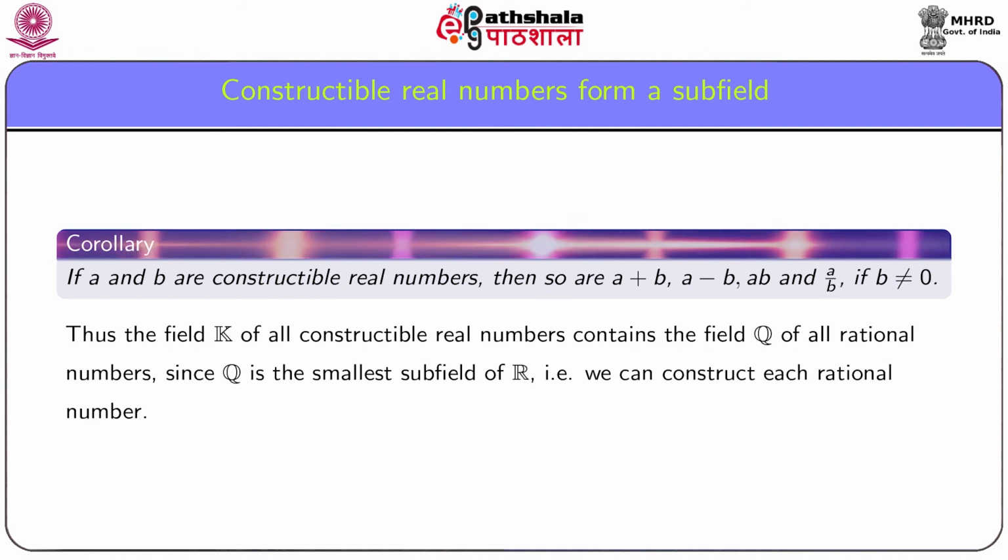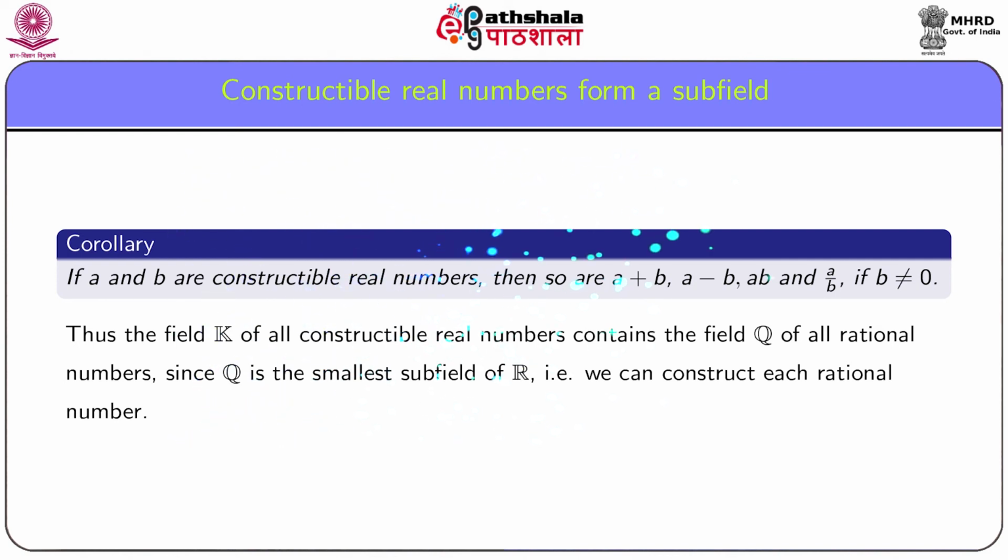So, immediately it follows that if A and B are constructible real numbers, then their sum A plus B, their difference A minus B, their product AB, and A by B if B is non-zero are constructible real numbers.